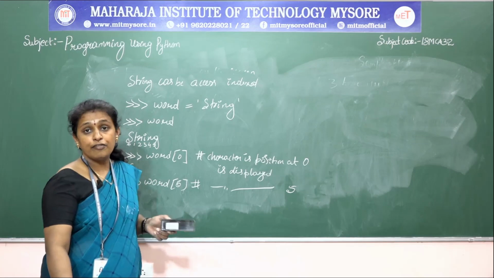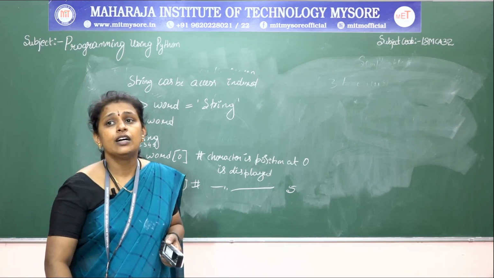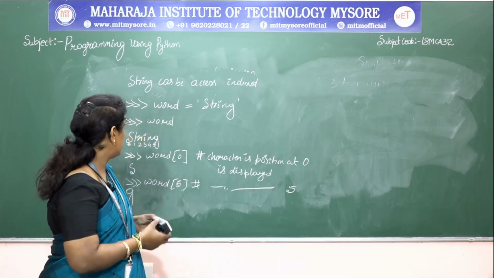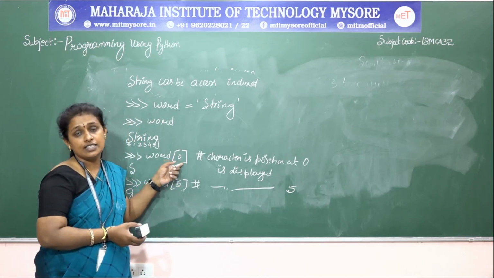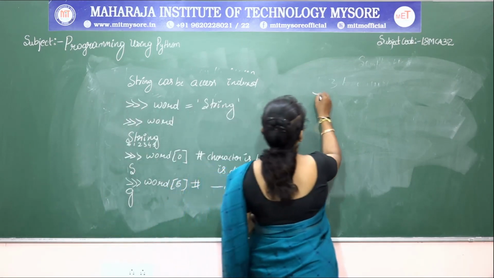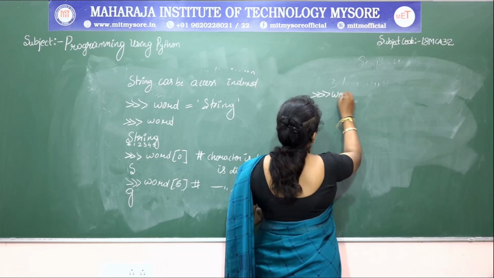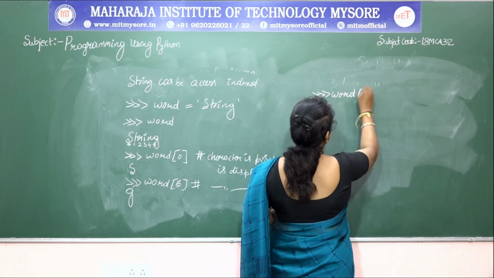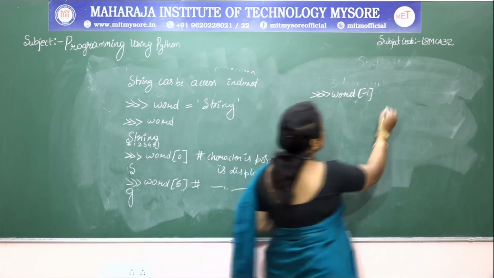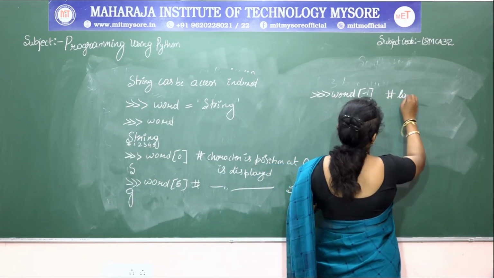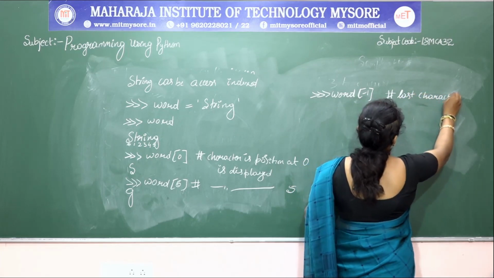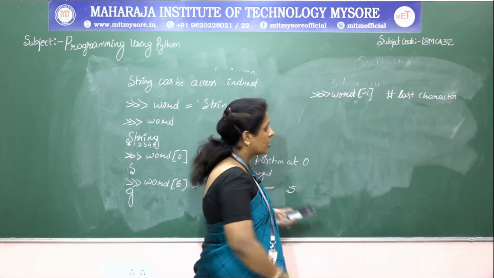Negative indices can also be used, since 0 is always the first character. Word of minus 1 will give the last character, so the last character is G.